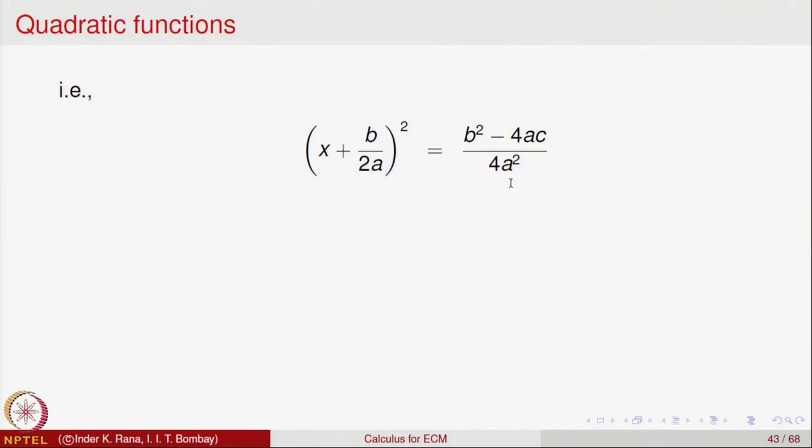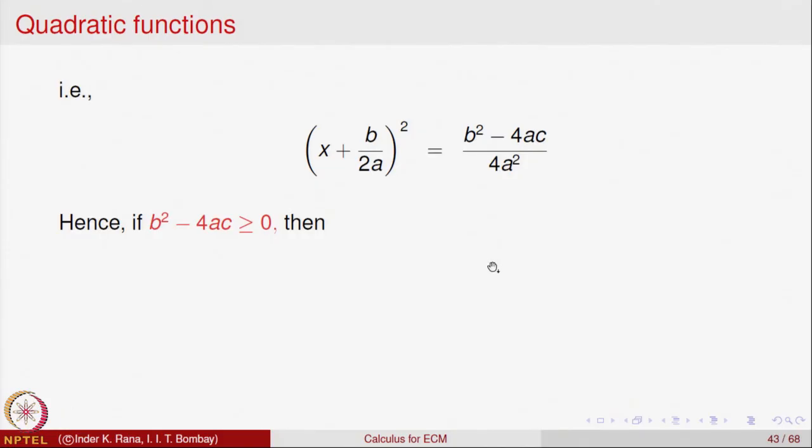Now we have a square and we want to find the value of x, so we take the square root on both sides. If this quantity is bigger than or equal to 0, we can take the square root on both sides, because for negative real numbers, the square root does not make sense.